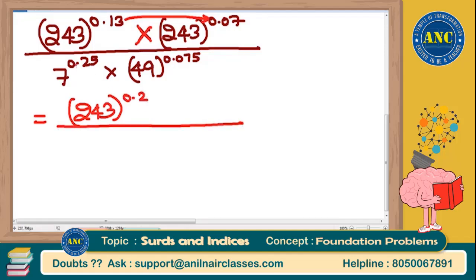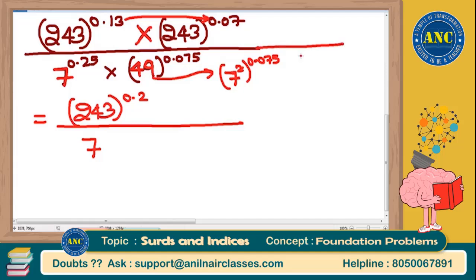In the denominator, the base here is 7. 49 is the second base, but 49 is 7 square, so this can be written as 7 square to the power of 0.075. Again I can make the base the same, 7, because 2 into 0.075 is 0.15.